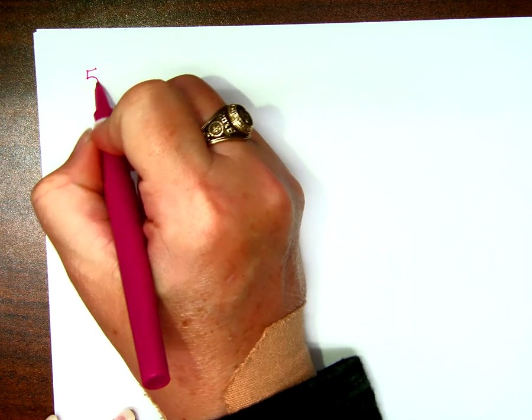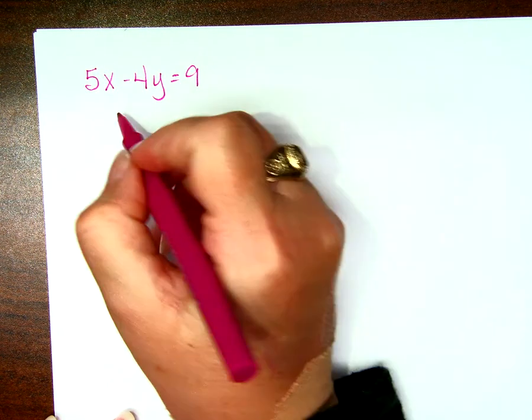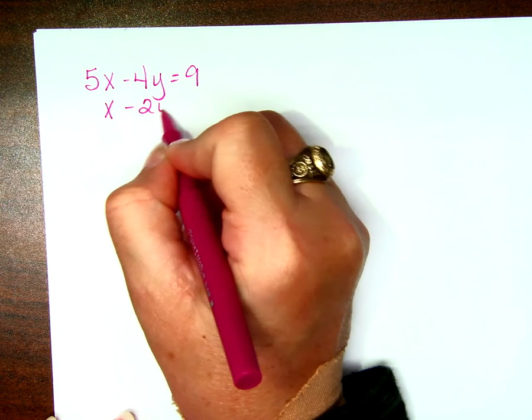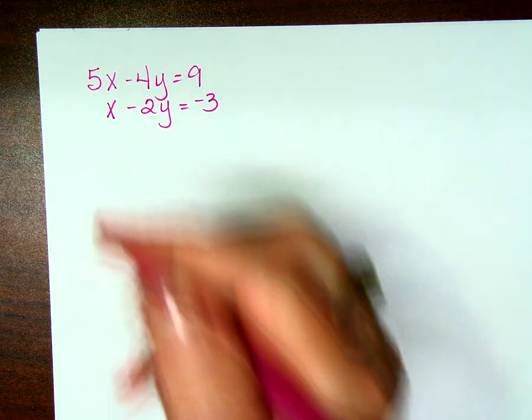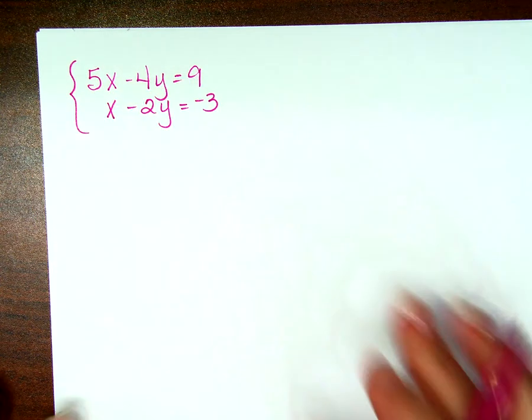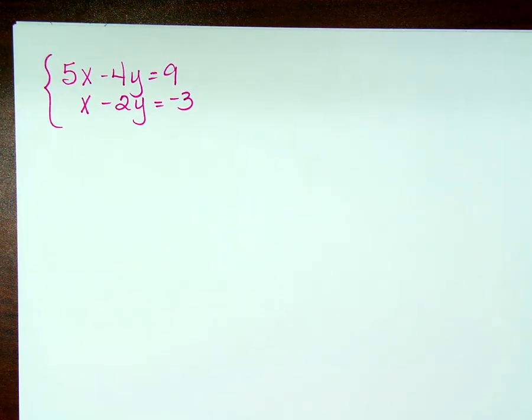So what if I give you this system right here? 5x minus 4y equals 9. And x minus 2y equals negative 3. How are we going to solve that system? What if I ask you to solve it by substitution? So we're going to solve for a variable.